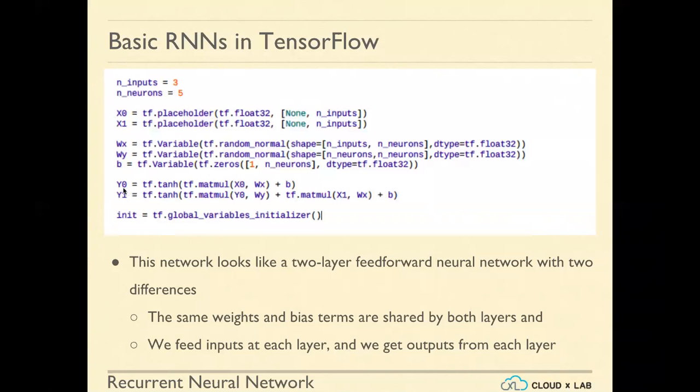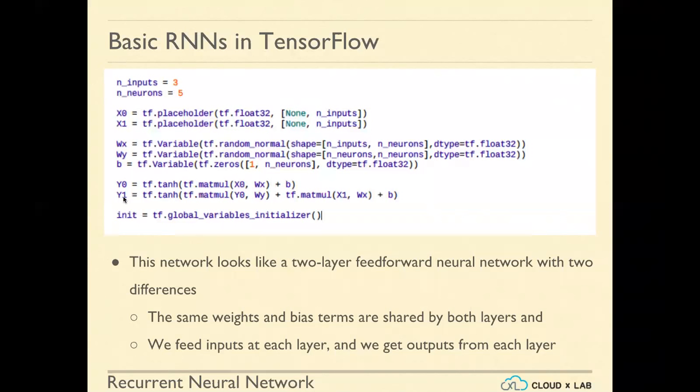So for the first time, Y0 is equal to the activation function of the matrix multiplication of X0 and Wx. X0 dot Wx is what this means. So we multiply X0 with Wx and add b, because the first time we are computing, there is no y to be fed back.